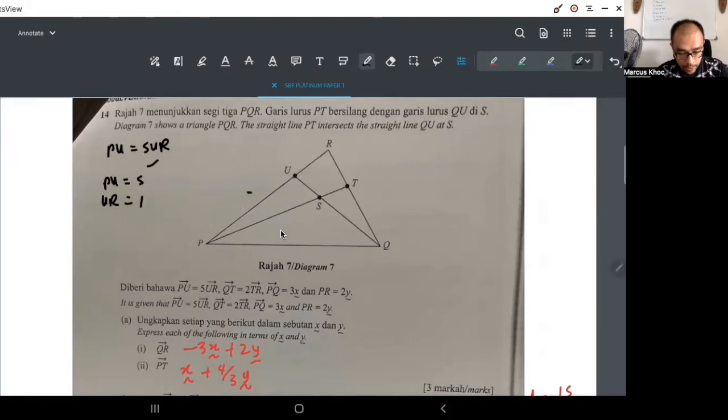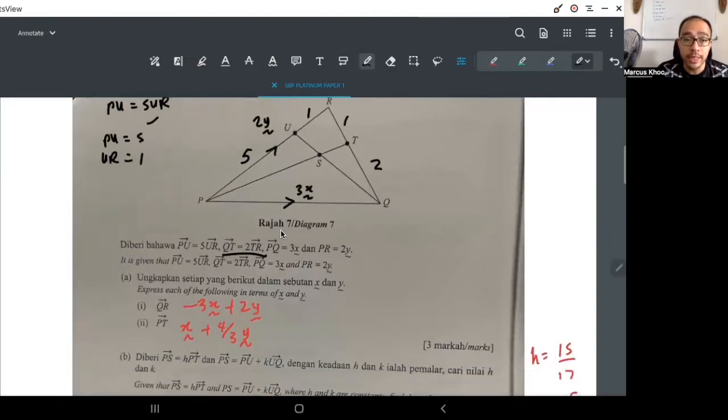Same thing with this, QT is 2TR. So QT is 2, TR is 1. Okay, and then you're given PQ is 3x and PR is 2y.